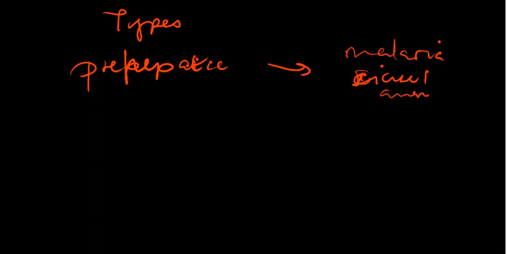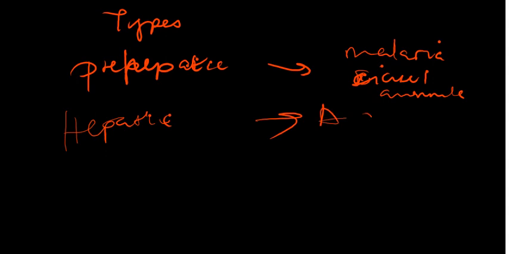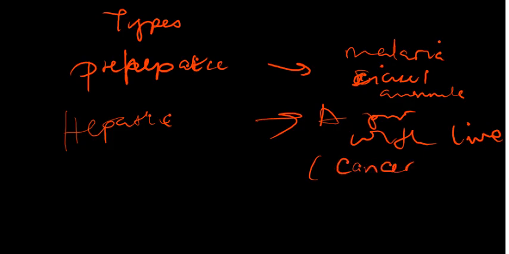Then while you have the hepatic, you can already guess that it's already reached the liver. So this one is a problem with the liver. This jaundice is when there's a defect with the liver, so in cases of cancer or cirrhosis, which is caused by excessive drinking of alcohol. Then you also have post-hepatic, post meaning after.